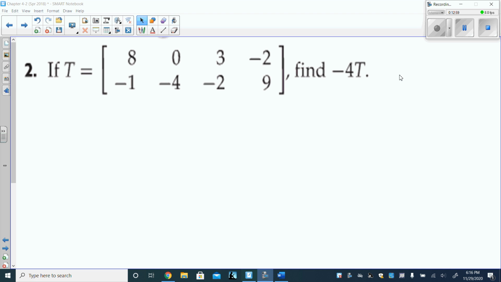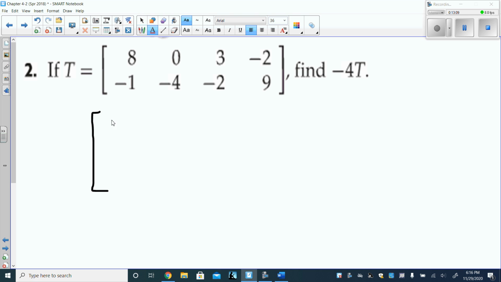Now, it doesn't matter if the scalar is negative, because here we have negative 4. We would do the exact same thing. We're going to multiply everything inside the matrix by its scalar. And this one here is negative 4. So we're going to multiply each number by negative 4. So we'd have negative 4 times 8. Then negative 4 times 0.